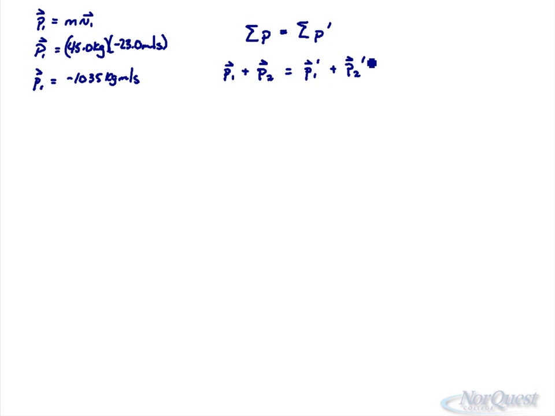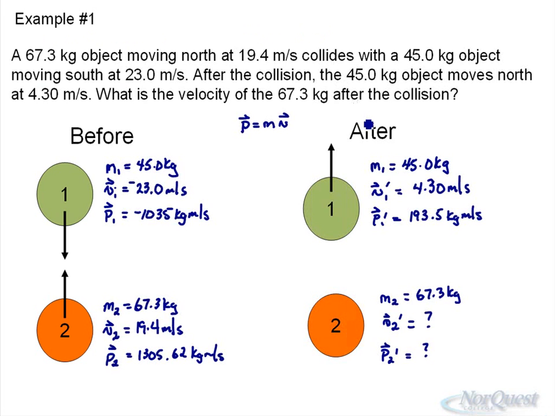And remember, my little prime symbol is representing after the collision, and I'm using subscripts 1 and 2 for the momentum of the object. Remember what we're chasing? We're chasing the momentum of object 2.